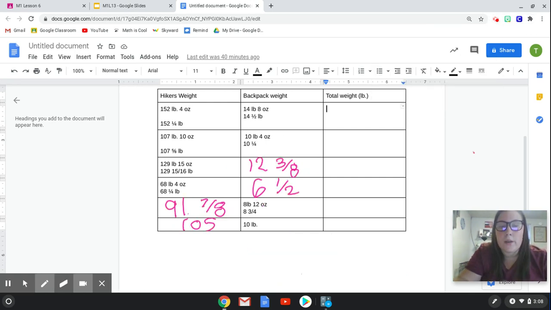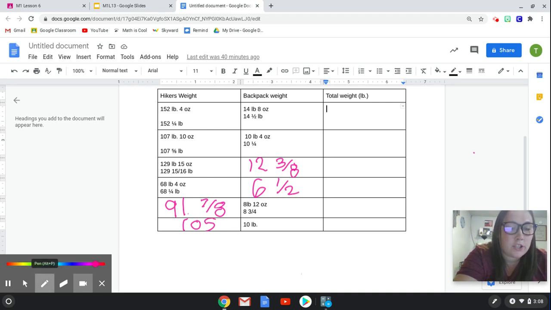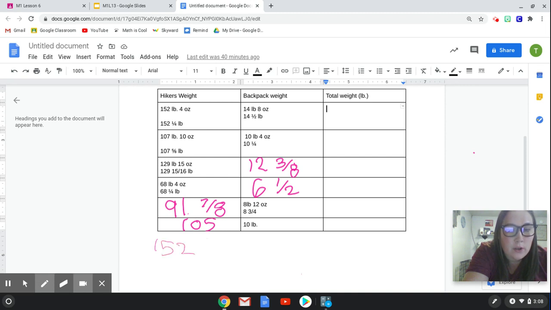Okay, so now that I have that all filled out, the last bit is filling in that total weight. So we're going to be adding fractions here. So that first one, we would start with 152 and 1/4 plus 14 and 1/2. I'm going to make those fractions have a common denominator. The easiest way would be to multiply the 1/2 by 2.